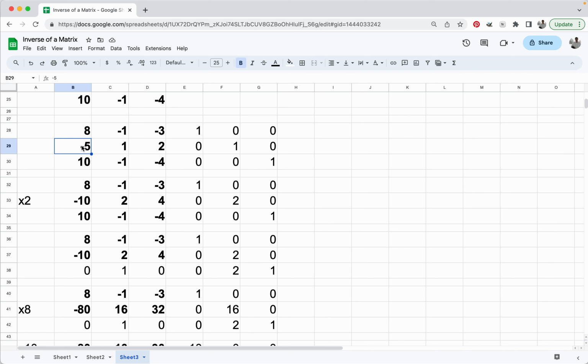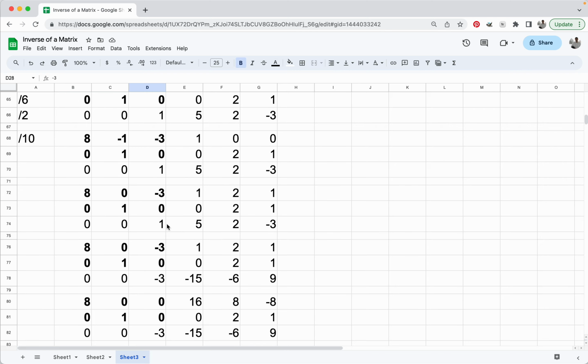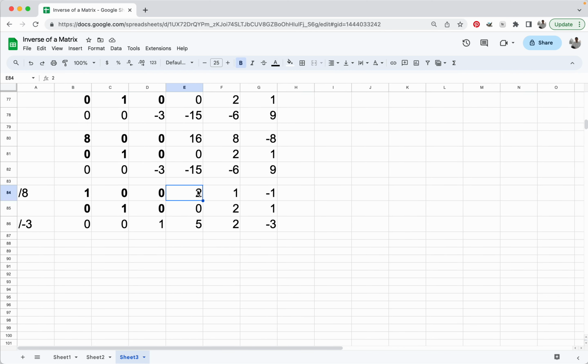Next attack this number, make it 0, and so on for each remaining number. Alright, we calculate the inverse. This is the inverse. Alright, thank you.